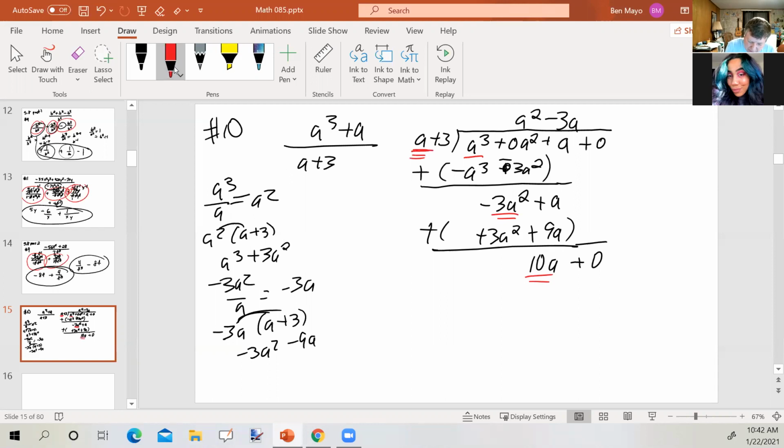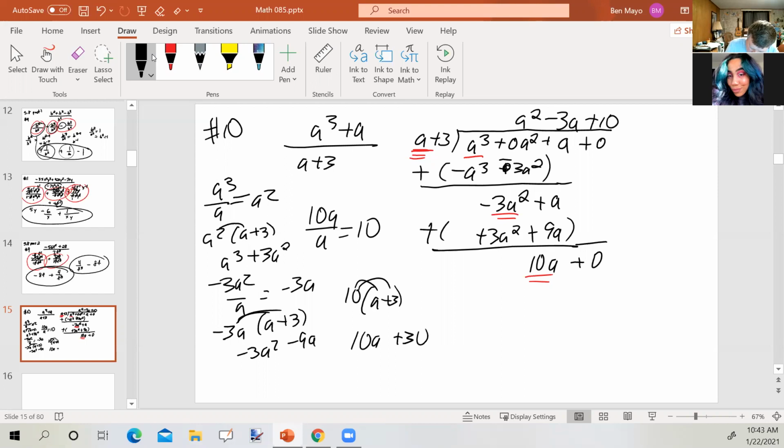Leading term inside divided by leading term outside: 10a divided by a is 10, so plus 10. I'm going to take 10 times a plus 3, which is 10a plus 30. Subtract that quantity from what's up above. Change it to addition of the opposite. 10a plus negative 10a is 0. 0 plus negative 30 is negative 30.